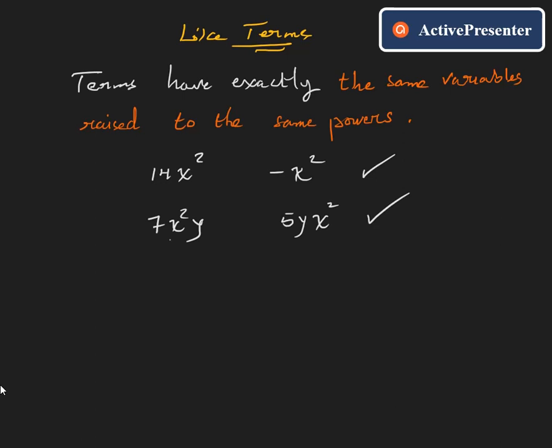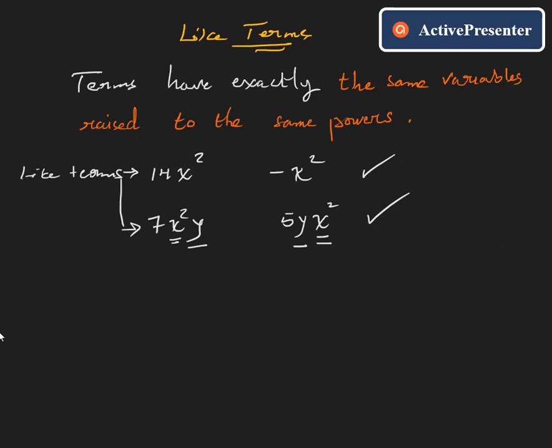Here we have x squared y and here we have x squared y. X of course raised to the same power and y raised to the same power, which is 1 here in both terms. So these two examples are like terms. This is the first example, this is the second example.